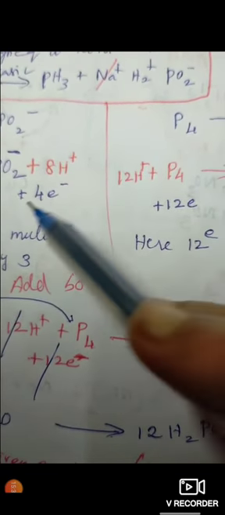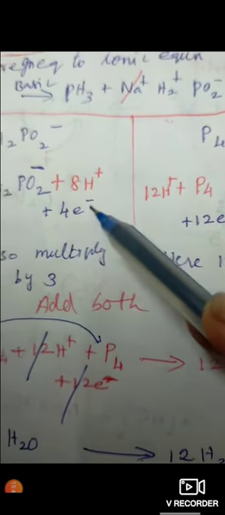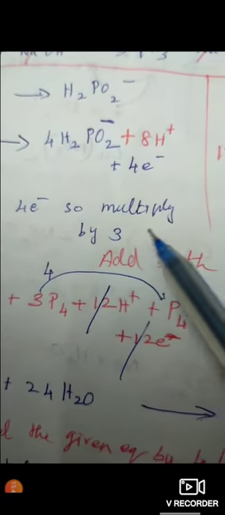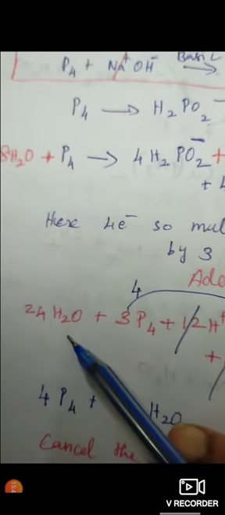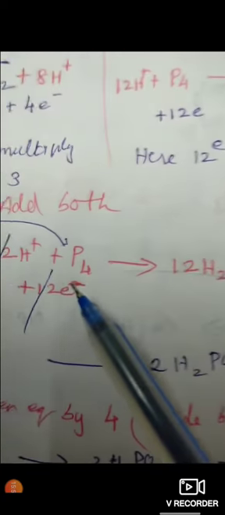So what do we have to do? This one we have to multiply by 3, so we will get 12 electrons. So multiply this equation by 3. So I am getting this. Finally, this 24 hydrogen ion, here 12 hydrogen ion, that will change to 12 hydrogen ion, and the 12 electrons will get cancelled.